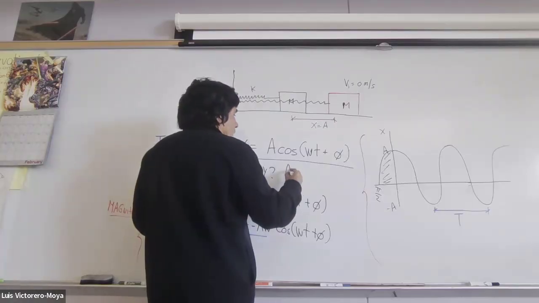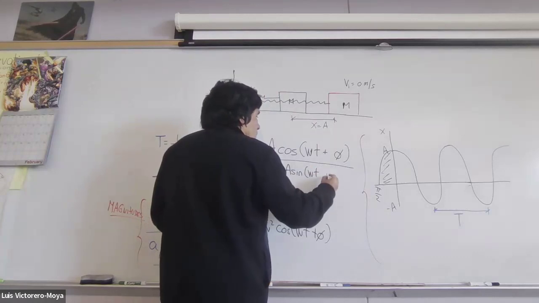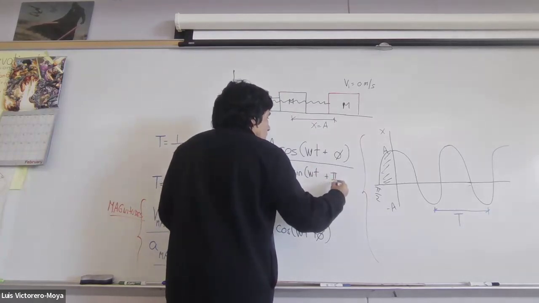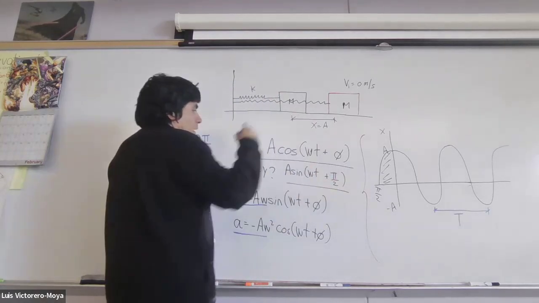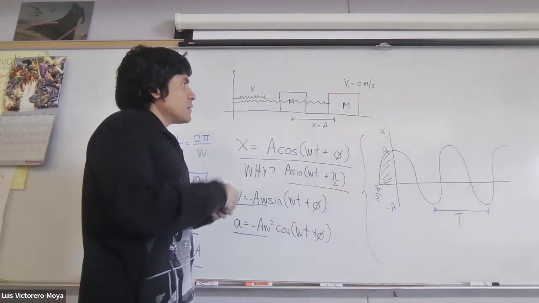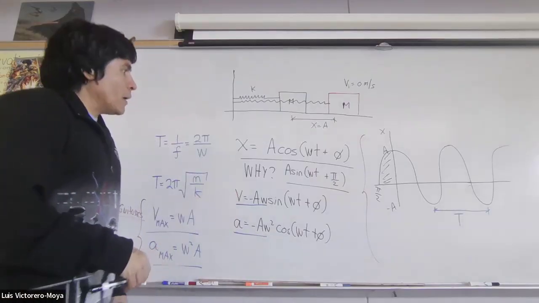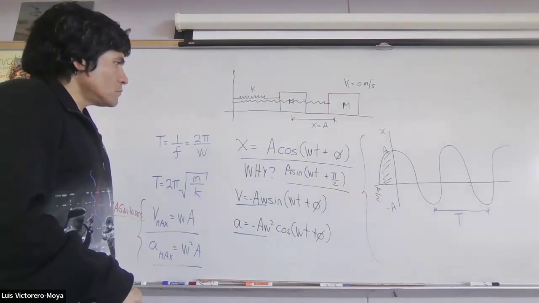So you could say A sine of omega t plus pi over 2. So phi, if you model this with a sine function, is not 0. So you have to be careful with those little details in this type of problem.